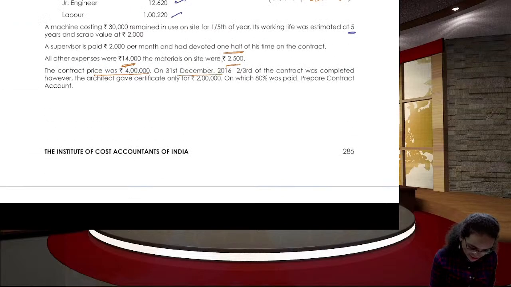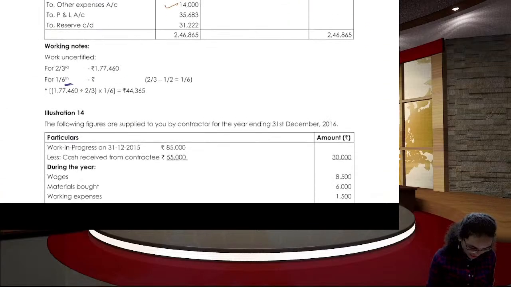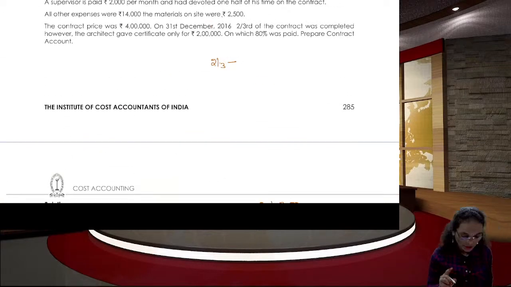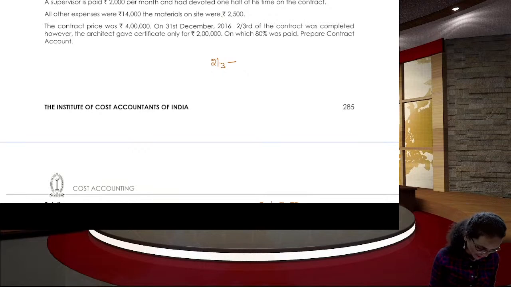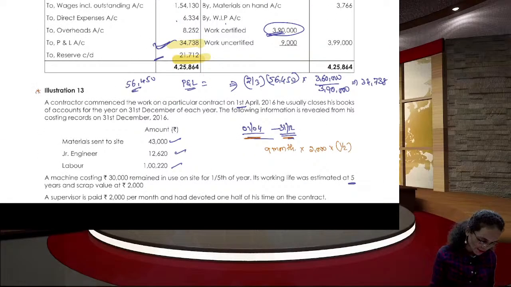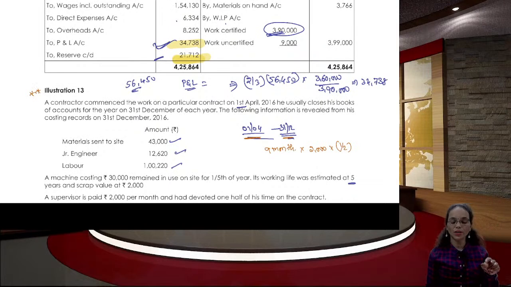On 31st December 2016, 2/3 of the contract was completed. However, the architect has given certificate only for 2 lakhs rupees. See, this question is again important, guys. I'm telling you, in the examination you can expect this question.